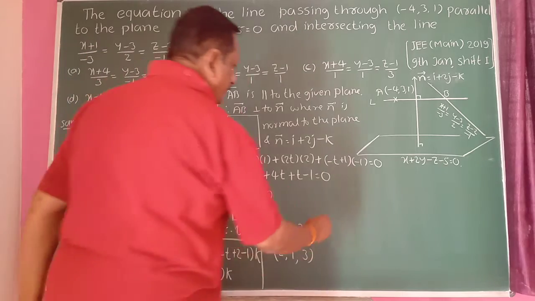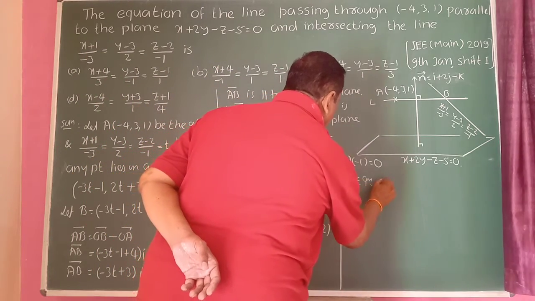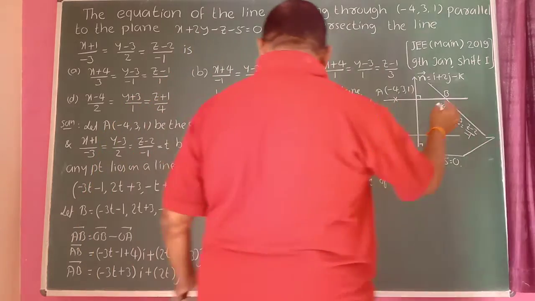Therefore, the equation of AB: the coordinate of the point B is (2, 1, 3).